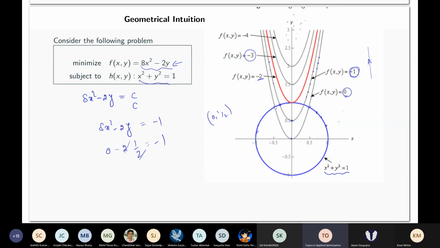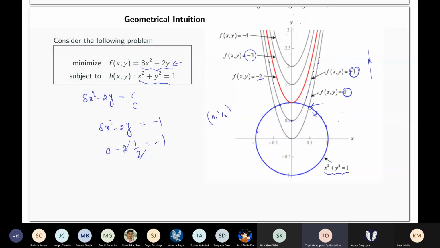Lesser value in the sense that if I compare this level curve and this one, this level curve's value is 0. So I'm moving along the circle, I hit here, and I say, wow, here my level curve is matching. In other words, this xy point is on the circle as well as satisfying the function.